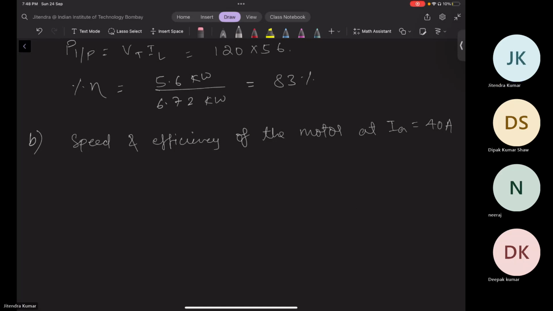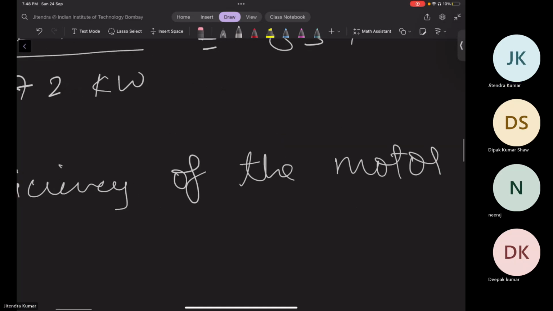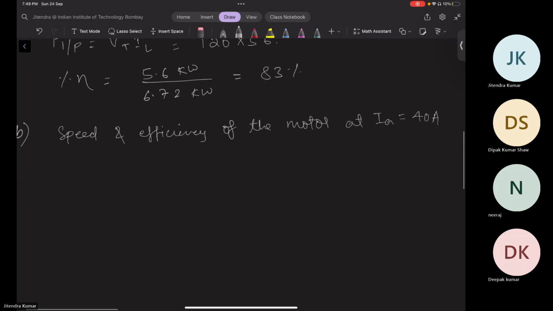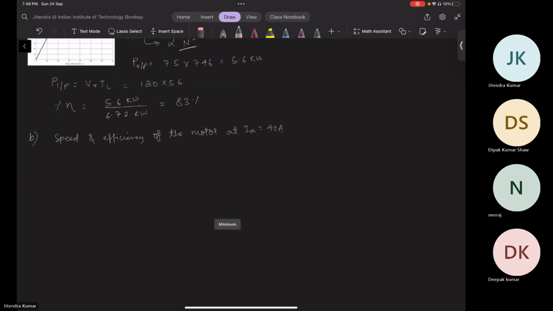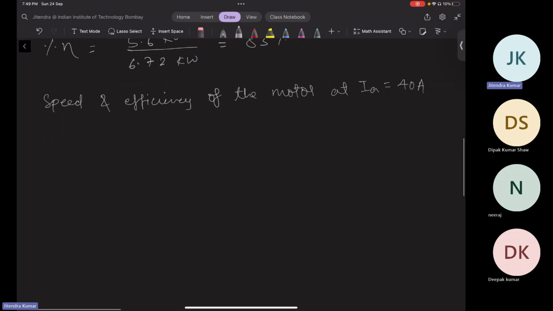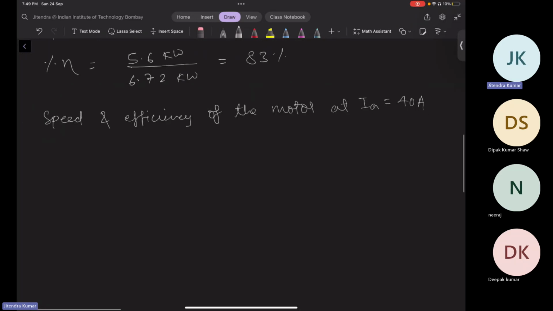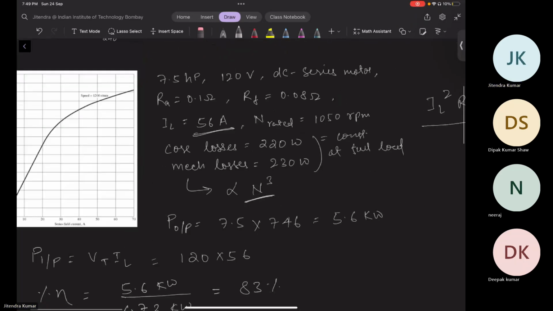Okay, so now how to proceed? When IA will be 40 amps, we have to find out the speed and efficiency, and we have this data.